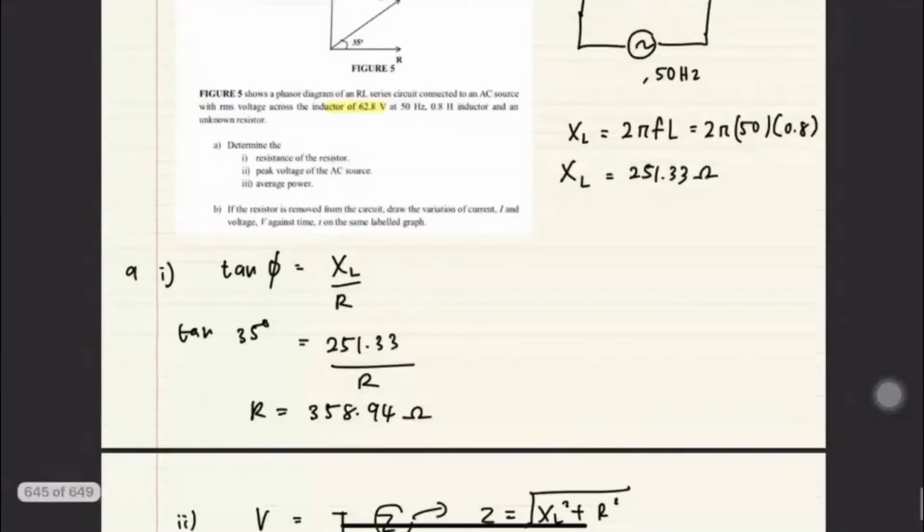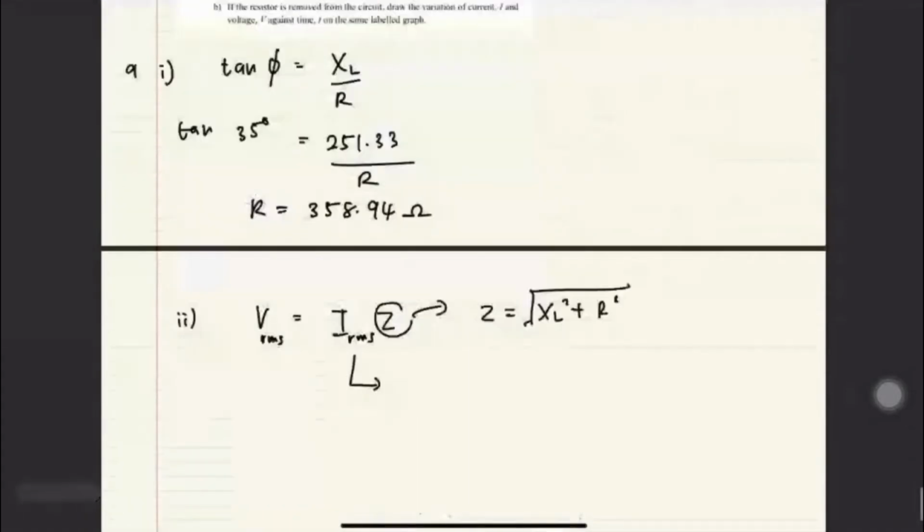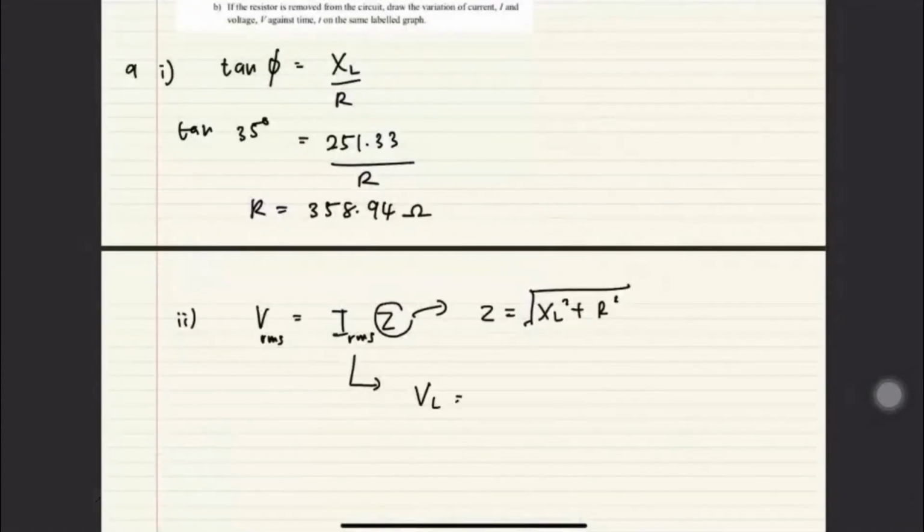But since the VL is given, you can use VL equals IRMS XL. You remember that for an AC circuit, we are dealing with components in series. So if it is series, it means the current is the same everywhere. So if the current is the same, the current across the inductor is the same as the current across the circuit.